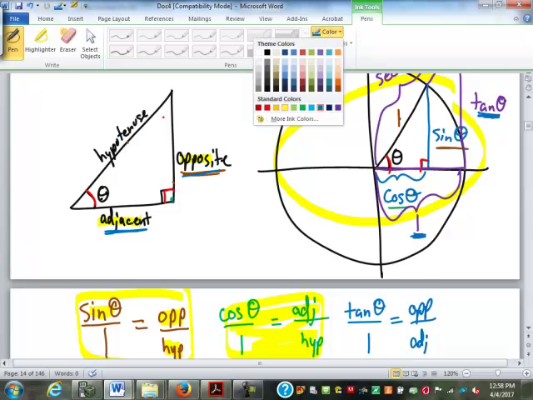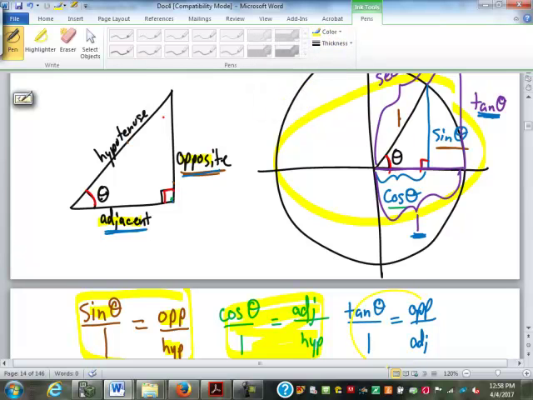So the tangent of an angle is equal to the ratio of the length of the opposite side divided by the length of the adjacent side. And finally, I can put up the secant.